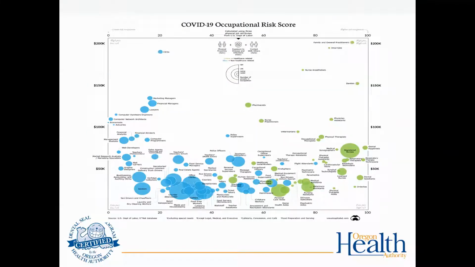And I'm sure you've seen this graphic on the risk of various professions' risk of exposure. Hygienists are the highest, over on the right-hand side, because we are exposed time after time to the aerosols if we're using ultrasonics, and we're seeing a lot of patients.